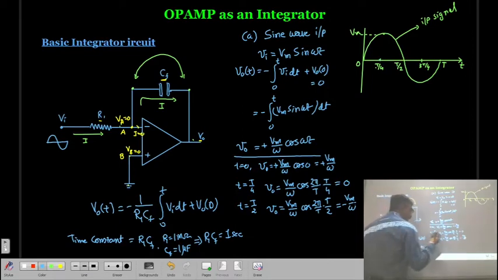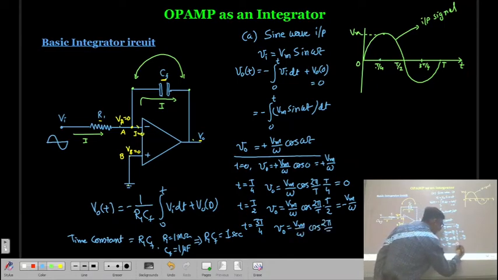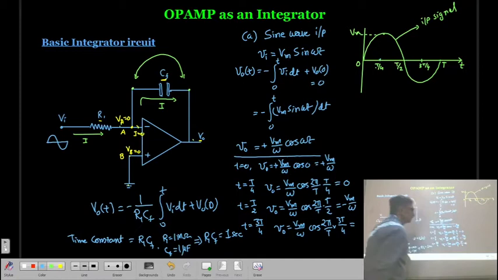Same way, you can calculate the rest of the time. That is, at t equal to 3T by 4, the output voltage will be Vm by omega cos(2 pi by T into 3T by 4).